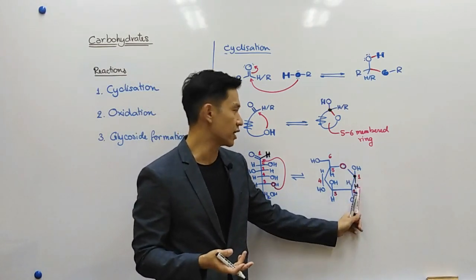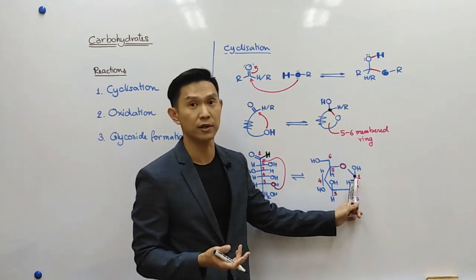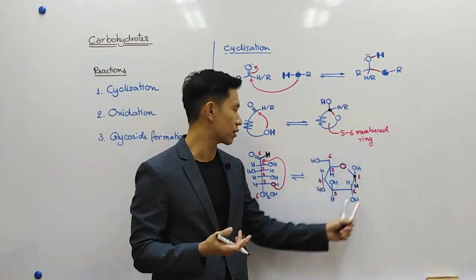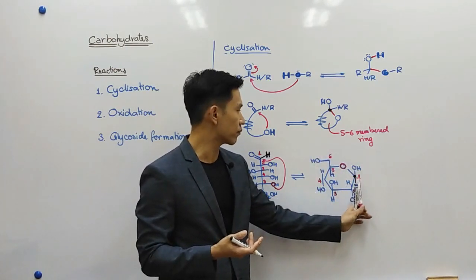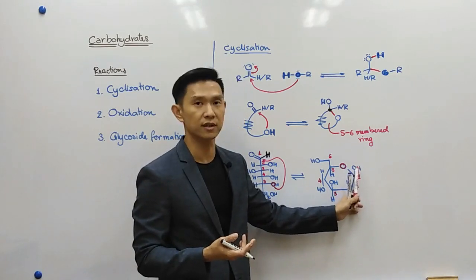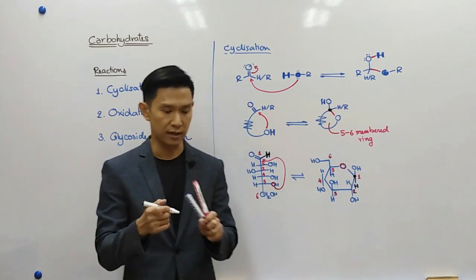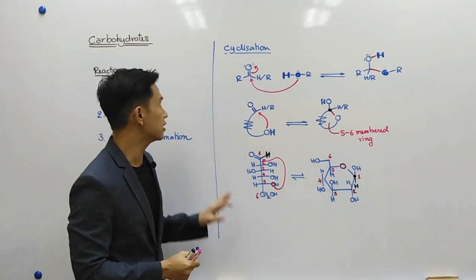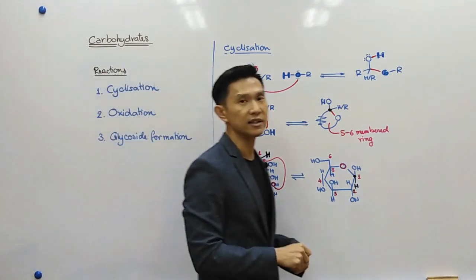So if you can see the H here connected with the carbonyl carbon, that means your sugar is an aldehyde. But if the carbon with 2 oxygens connects with 2 carbons left and right, it means that the previous structure is the ketone. Okay, that's it. This is what I want you to know. And this is the first reaction, the cyclization.